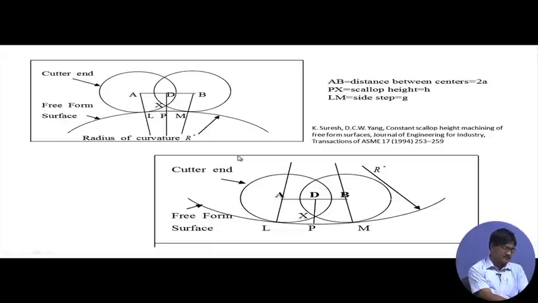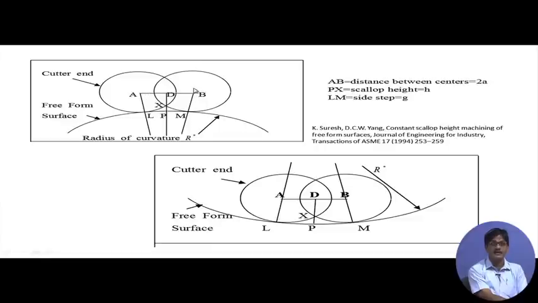So, after having established this one, that is, we now know the direction in which the cutter side step has to be taken. We are trying to establish the magnitude, how much should be the cutter side step magnitude. For that, we take the help of simple geometry and we say that if the surface be convex, there will be two positions of the cutter on adjacent cutter paths.